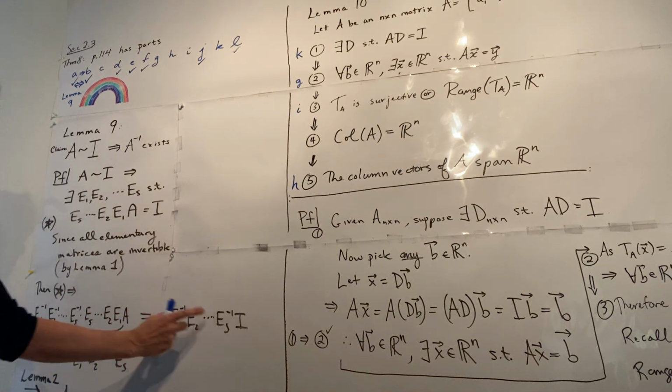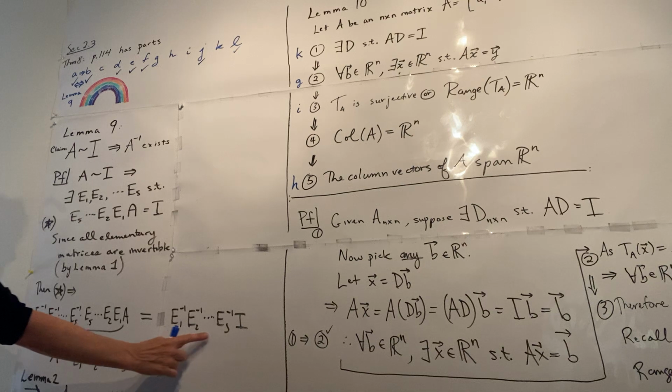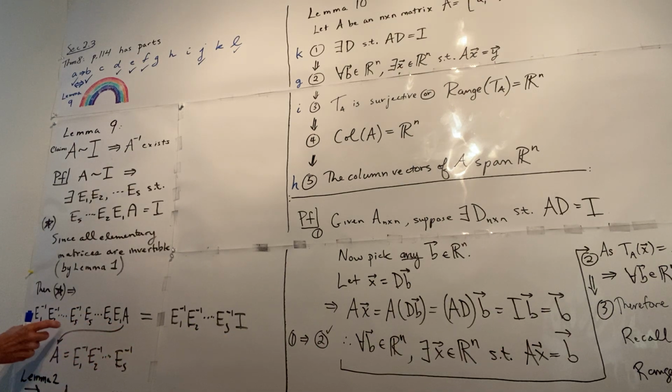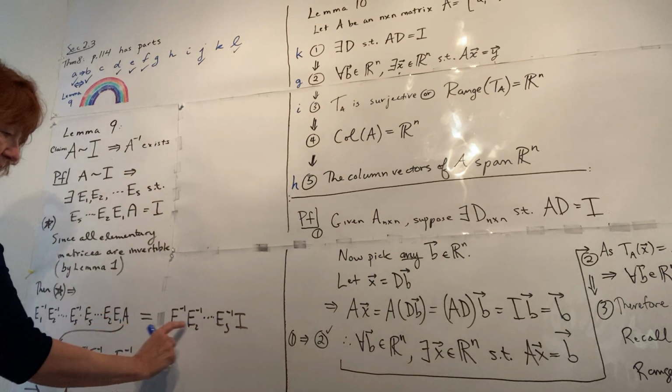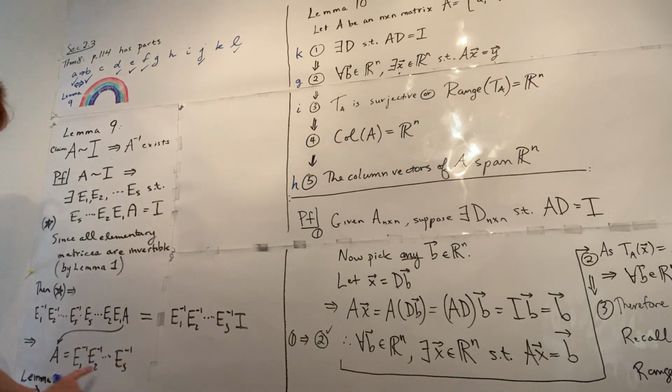If I do that on both sides on the left, I end up getting this, because this just pinches and pinches. This times this is the identity, times the next is the identity, and it just compacts down to just saying A on the left-hand side. What's on the right-hand side? Well, the product of these matrices with the identity, which is just their product.